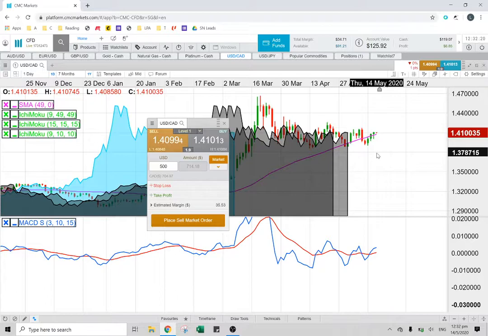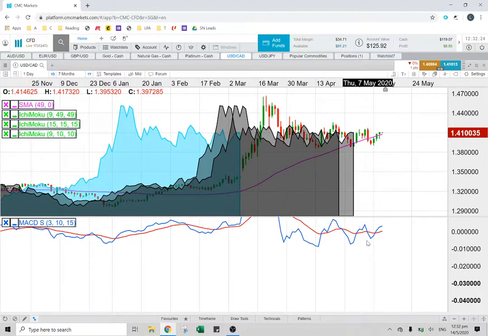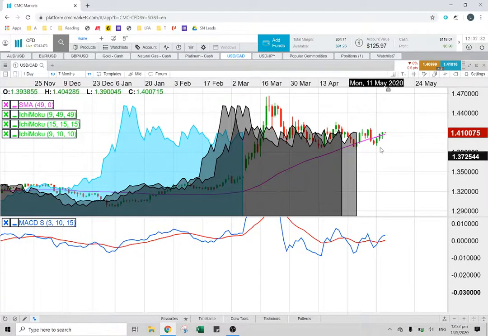And for things to start turning a bit too bearish, we could put a tight stop loss, and for it to start turning a bit too down, we want to cap it at the low of this, or even the close of this. Let's see, close 1.3927.